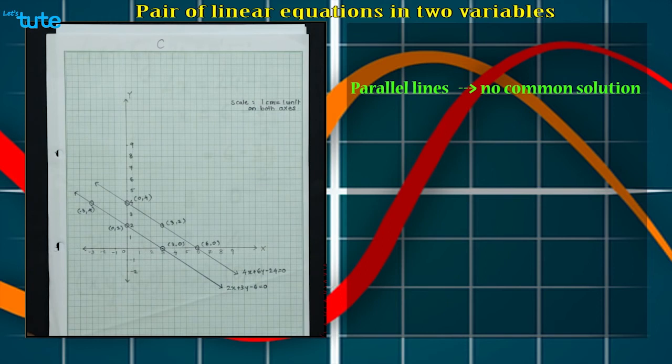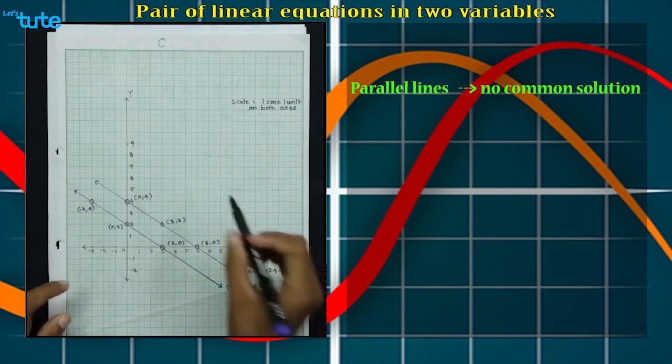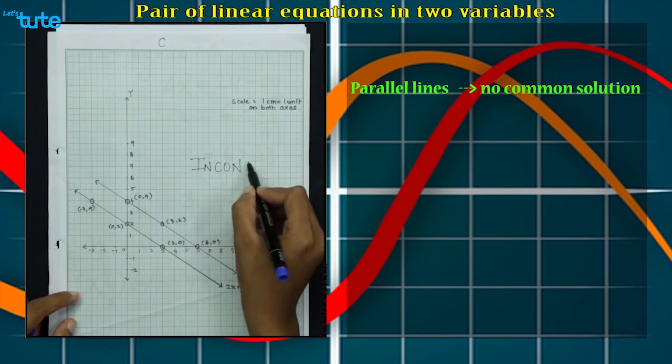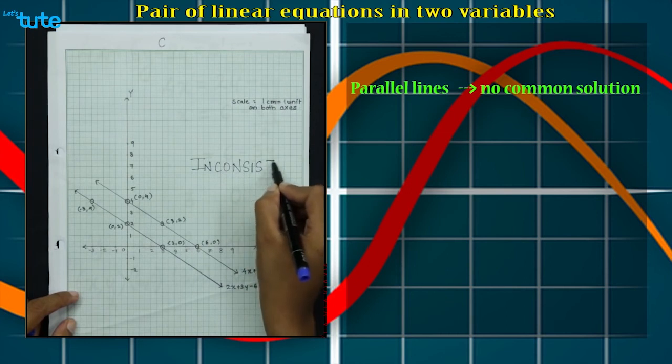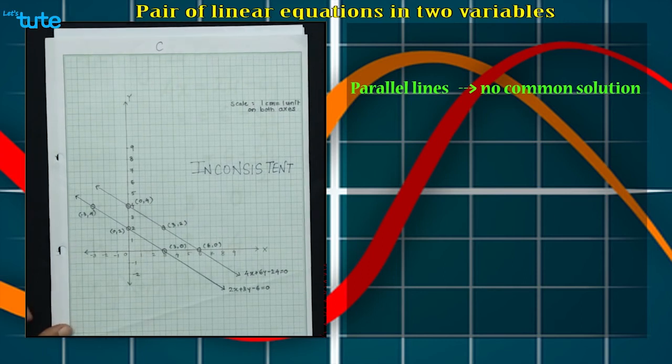If this system of equation doesn't have a solution, such a system of equations is known as inconsistent system, meaning it does not have any common solution for both the equation, or there is no set of numbers which satisfies both the equations at the same point of time.